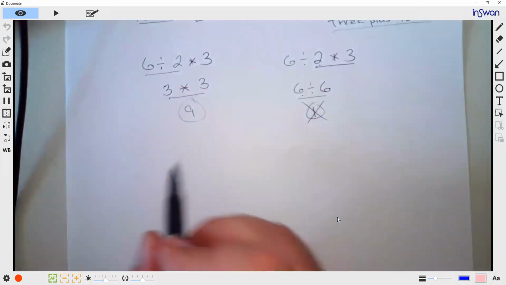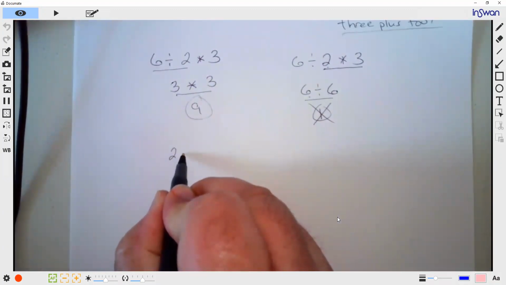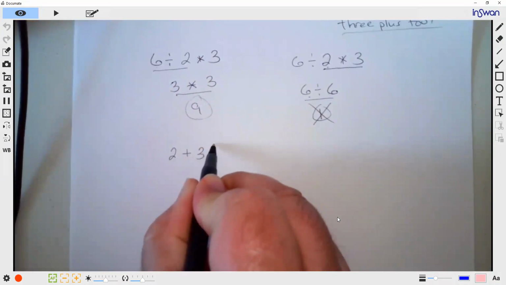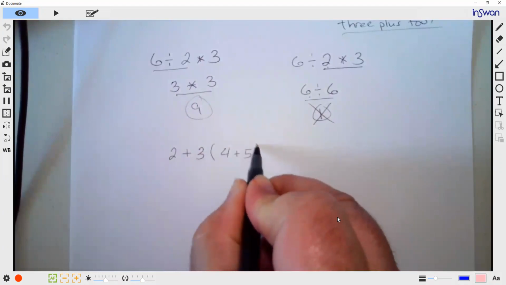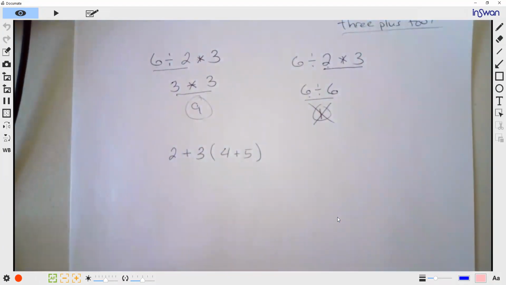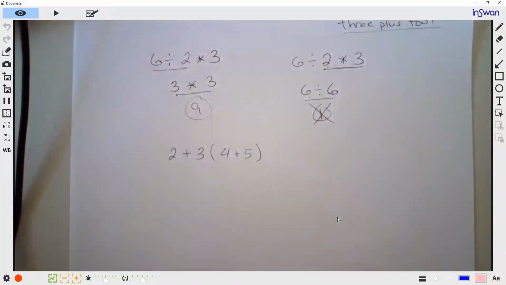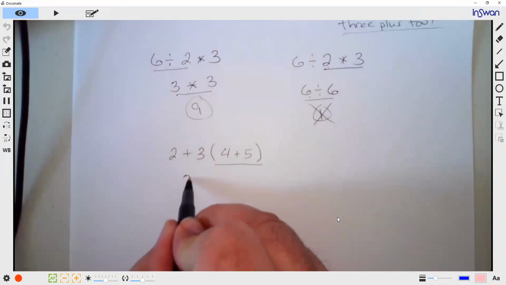Well, let's do a longer example. See if you get it right. Go ahead. So the first thing we would do is the 4 plus 5, right? Because it's in parentheses.